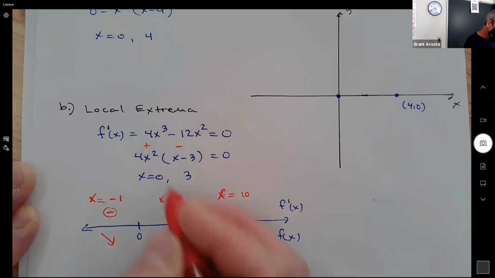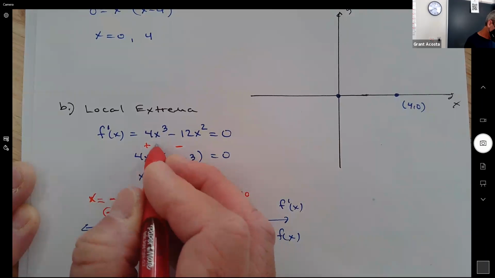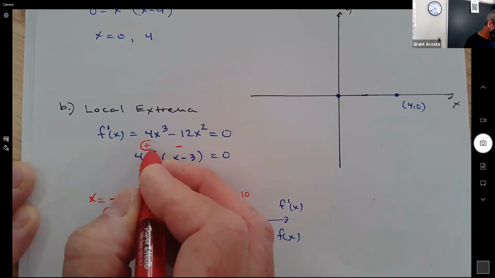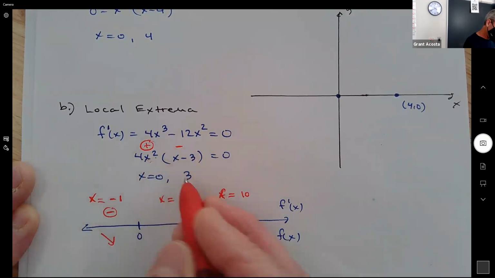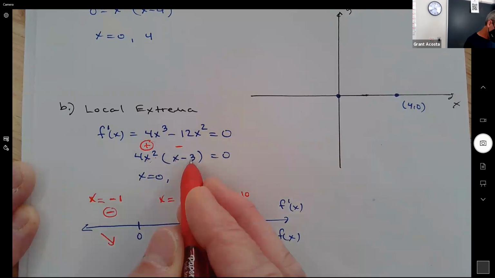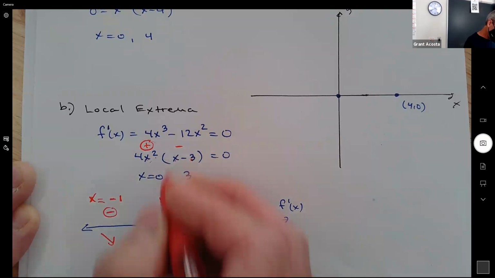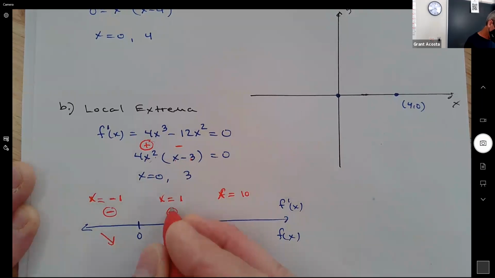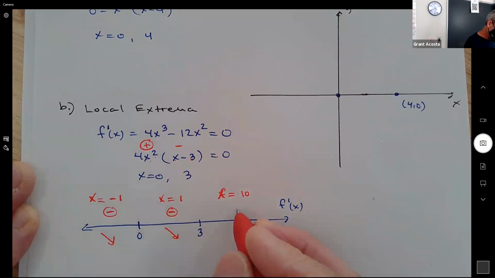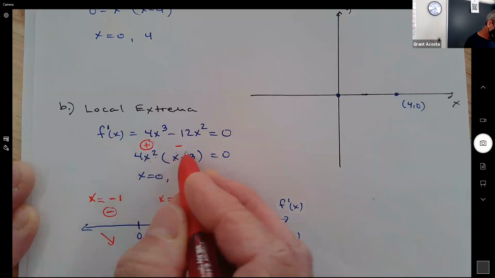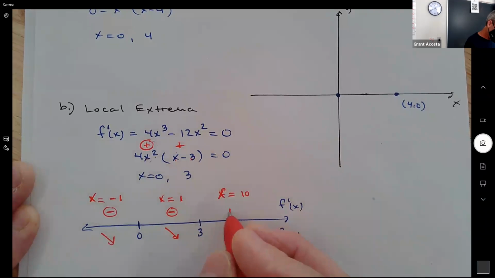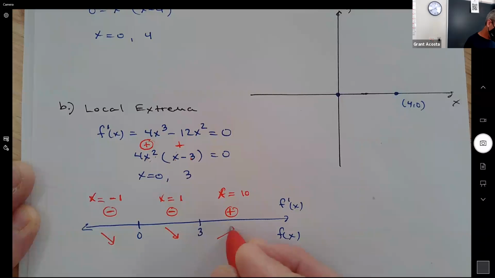When x is 1, notice this is always going to be positive, isn't it? We can guarantee that because I'm squaring that. So I really just have to worry about this. 1 minus 3 is still negative. So this is still decreasing. x equals 10, positive. 10 minus 3 is positive, going up.